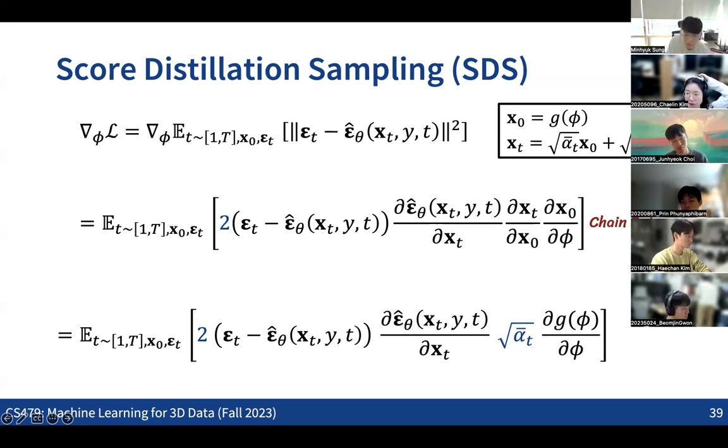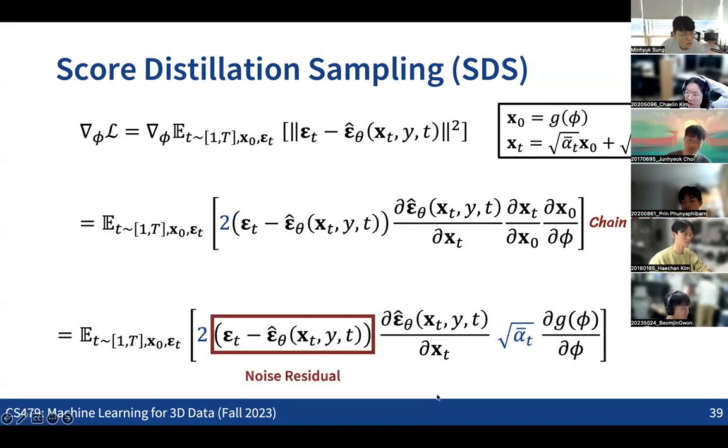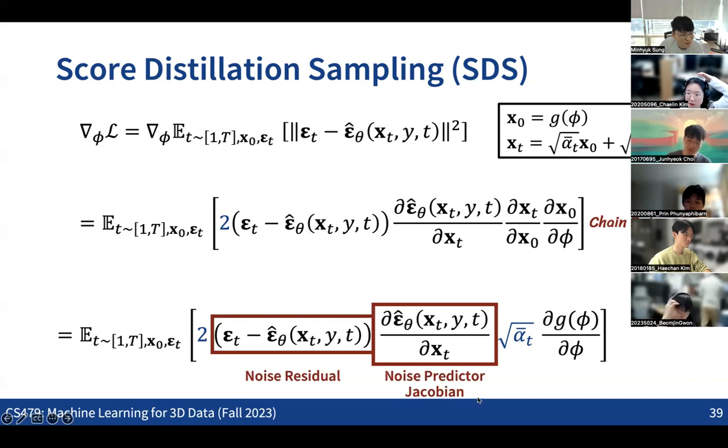But for the last term here, let me go over to this slide. So this is the noise residual, the difference between the noise that we are predicting and the noise that we are adding. And this is the gradient of the noise prediction network with respect to the xt. And then you can also take the gradient from the xt to the x0, which gives some kind of constant term. And then we can also get the gradient of the rendering of the NeRF representation with respect to the NeRF parameters.